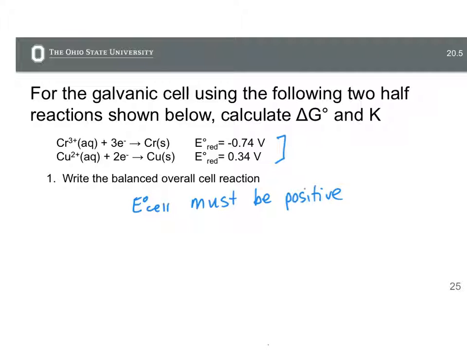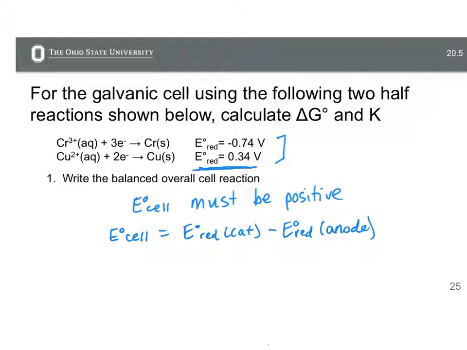So looking at our equation, standard cell potential equals E naught reduction at the cathode minus E naught reduction at the anode. The only way for this value to be positive is if the copper reaction is our reduction reaction, and the chromium reaction is our oxidation.